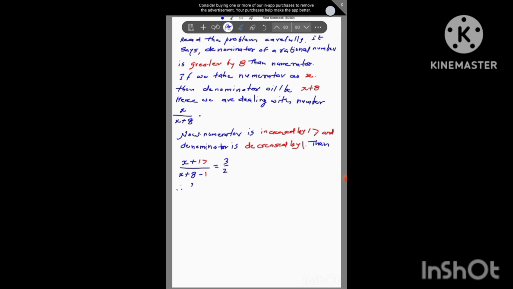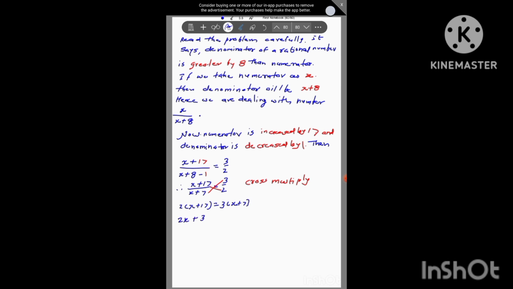Let's solve it. (x + 17) upon (x + 7) is equal to 3 upon 2. Now cross multiply, as we have seen in the previous problems. Now it has become very easy. 2 into (x + 17), 3 into (x + 7).